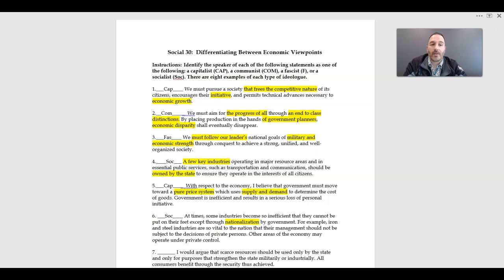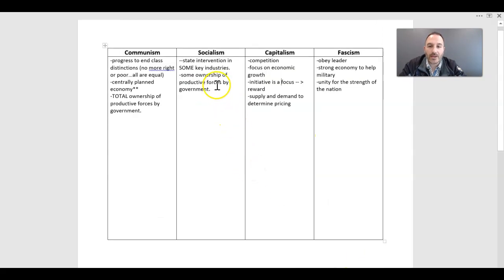Because again, communism is total state ownership, 100%. This is like there's some state ownership, but then there's also some private ownership, right? So nationalization, that's a very important term here in Social 30. We're going to say some nationalization of the economy.